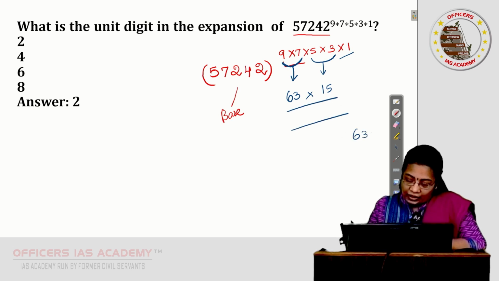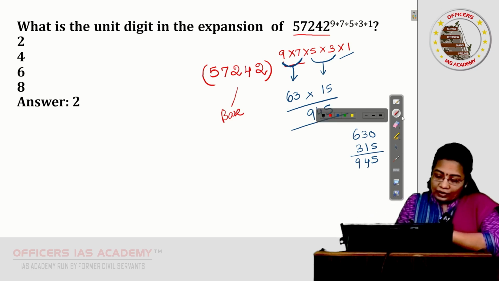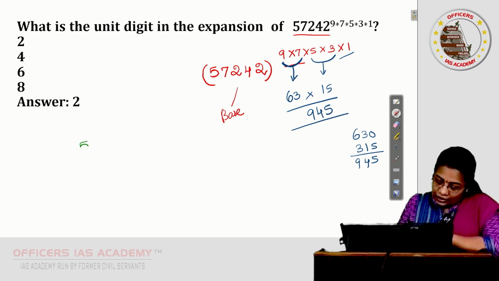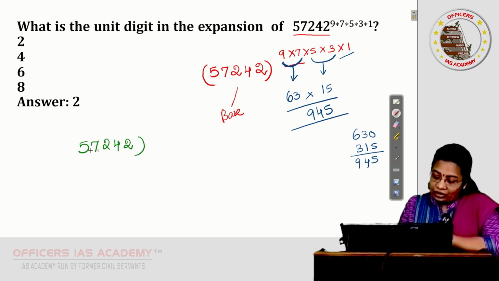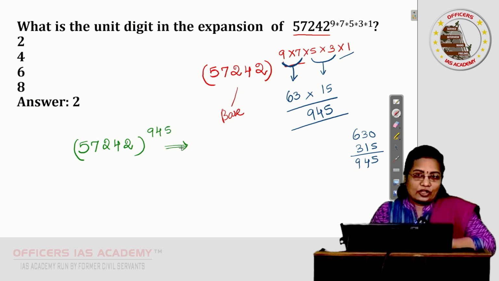How much will I get? 945. So, what is the meaning? 57,242 to the power 945. Find the unit digit of this expansion.